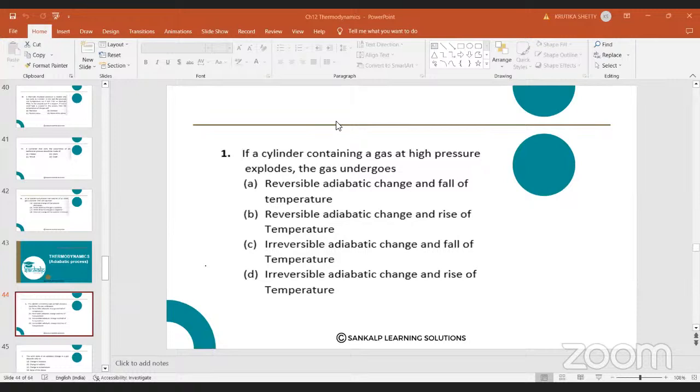It is A or C. Is it a reversible process or irreversible process? If you say reversible, whatever the explosion is taking place, you should be able to regain that. Right? Once it explodes, can you store all that energy again? Is it possible? If so, then it is reversible. If not, then it is irreversible. Option A or option C.